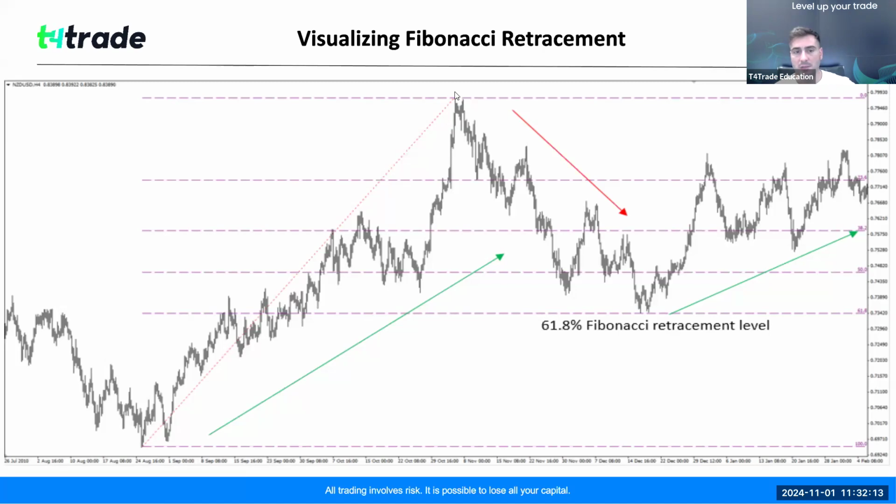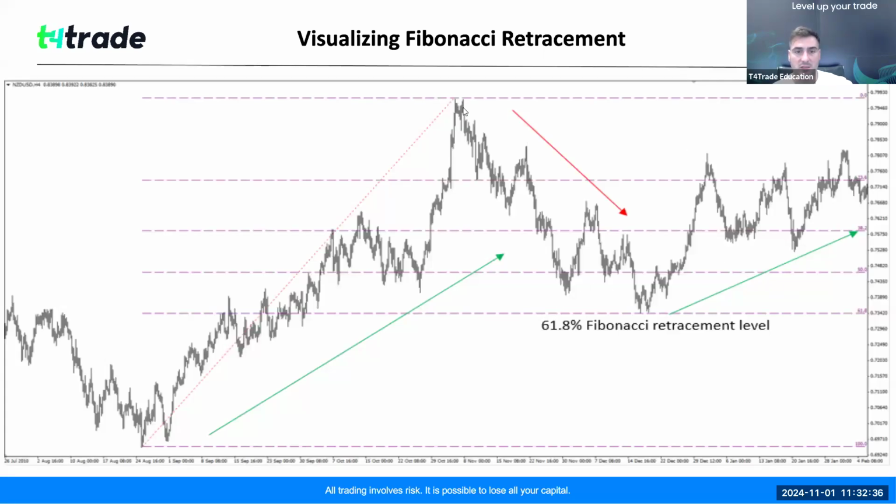And now we are wondering where the price action is going to head next by plotting these ratios on top of your price action. You're going to get some sort of support and resistance levels that are going to be beneficial for you to enter or exit a trade.